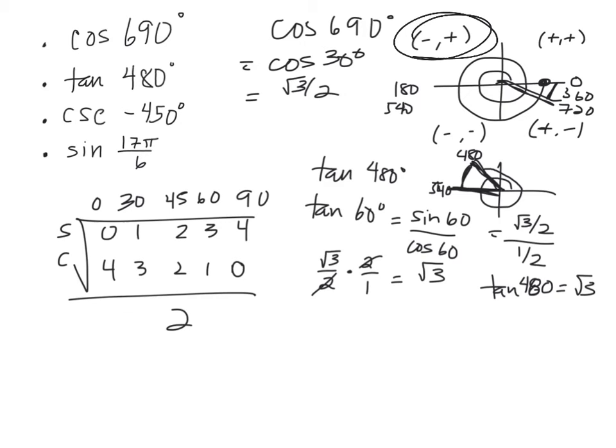So sine is positive, cosine is negative, which means our answer will be negative. So tangent of 480 equals negative square root of 3. Make sure you check for positives and negatives. You could either do it here or at the end. It's up to you, but don't forget that.